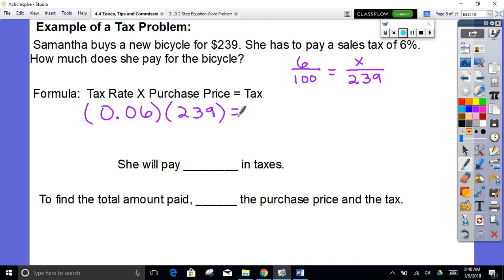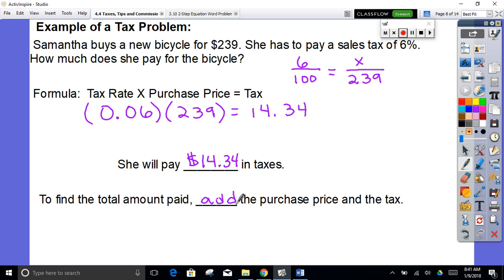And we get an answer of 14.34. So we know that Samantha would pay $14.34 in taxes. Now that's not the total amount she paid, that's extra. So to find the total amount paid, we have to add the purchase price and the tax.